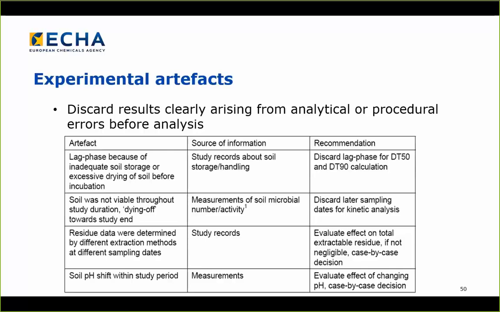But they didn't have all the answers, and some of it is still a case-by-case decision. For example, if you observed a soil pH shift within the study period, you would look at the measurements of the pH to identify that.